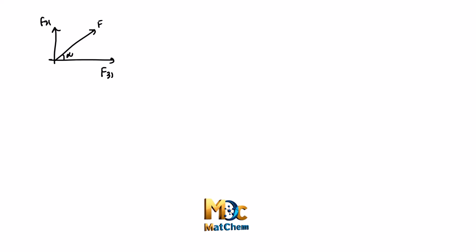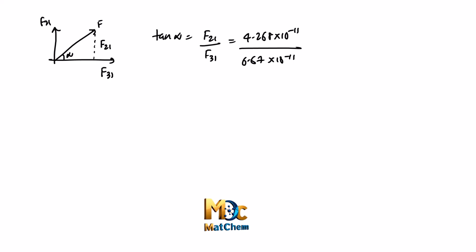Assume that alpha is the angle between the resulting vector and F31. If you take tan alpha equal to opposite side by adjacent side, that is F21 by F31. What is the value of F21? F21 is 4.268 into 10 raised to minus 11 divided by F31, which is 6.67 into 10 raised to minus 11. The 10 raised to minus 11 cancel.